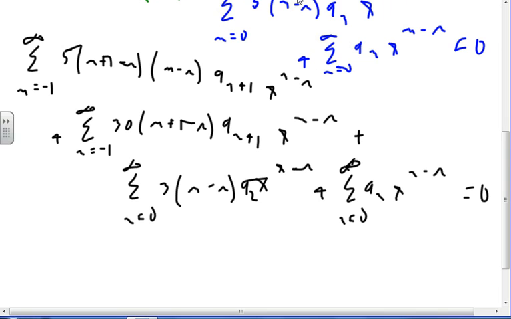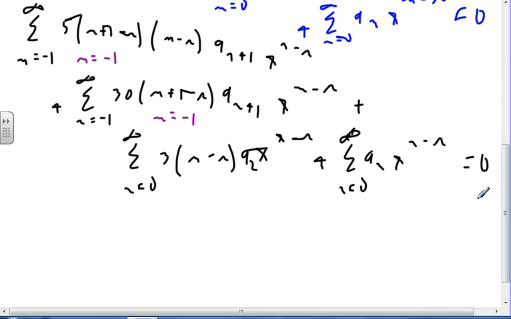Okay, now I'm going to want to take the n equals minus 1 term out of that guy, and the n equals minus 1 term out of that guy, and have one summation.